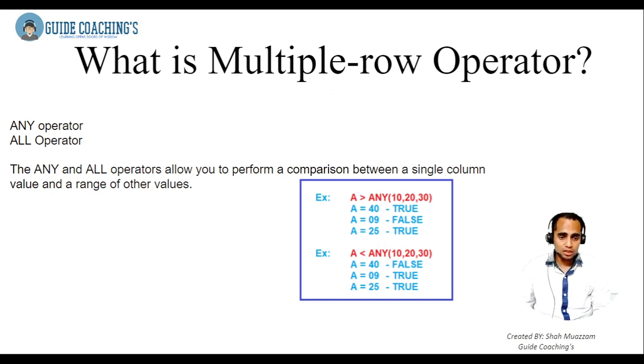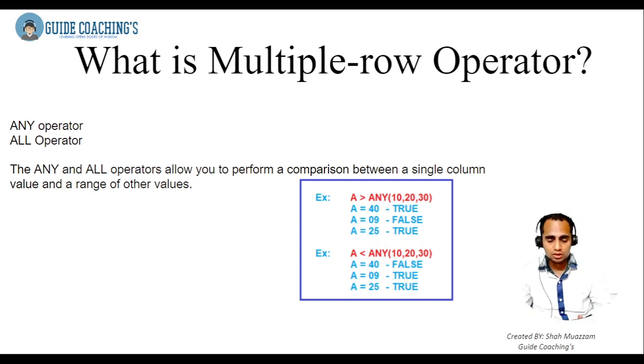They allow you to compare a single column against a range of other values, so you can compare the result on the basis of multiple values. ANY works as an OR condition: if you have true and false results, it will return true. For the AND condition, if we have all results true, only then we will get true, else we will get false.